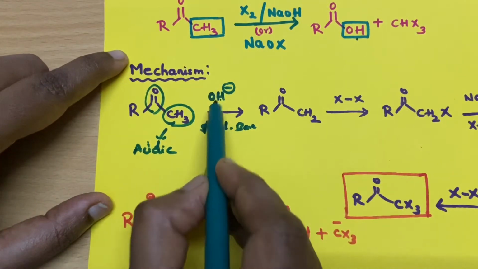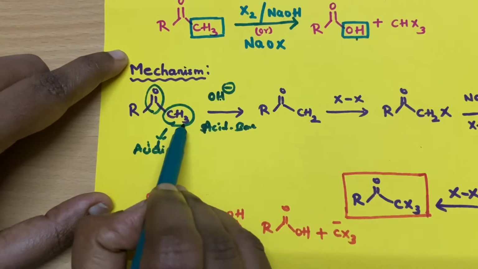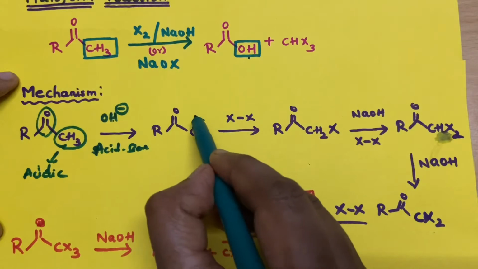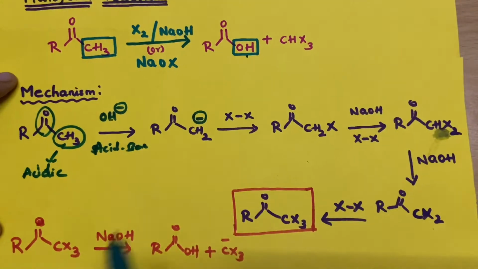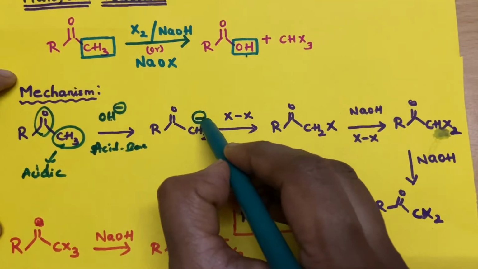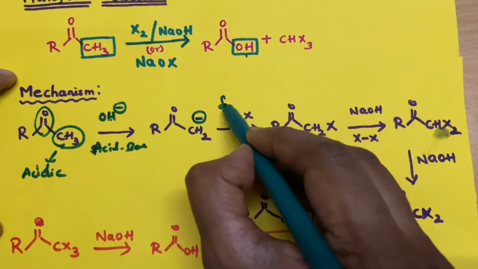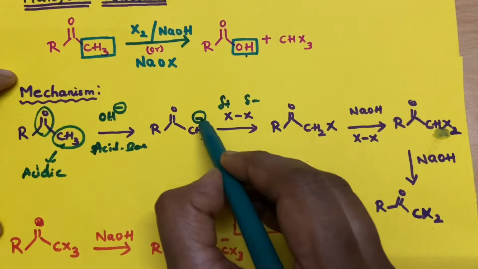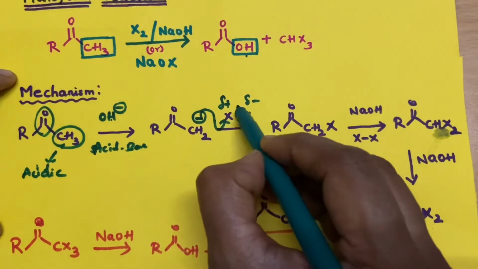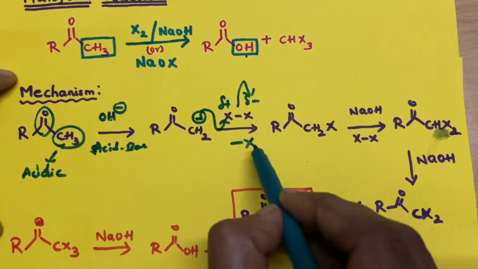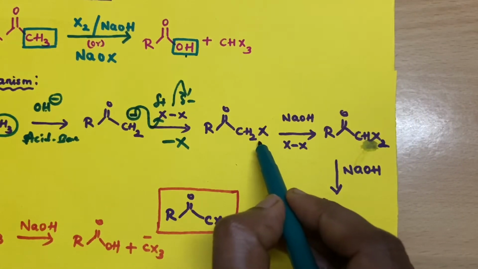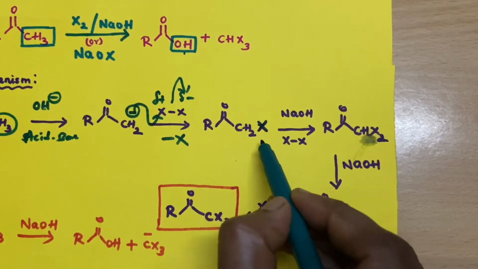So the hydroxide is going to remove a proton from this methyl group. So you are going to get a negative charge here. This negative charge is going to induce a partial positive and negative charge in the halogen we are going to use. So this will take a halogen, minus X. See, we have replaced one hydrogen with one halogen.